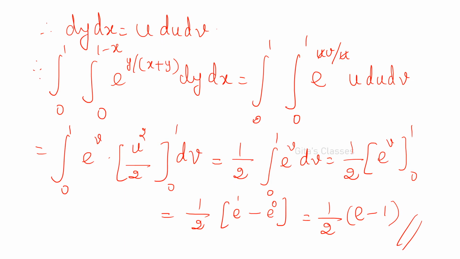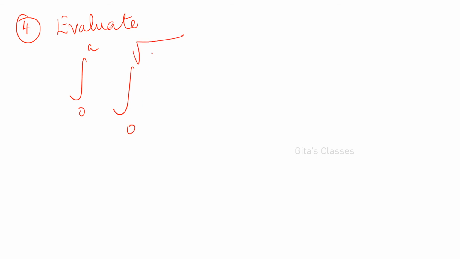Okay. So I'll give you one homework. You can try. Fourth question. Evaluate integral 0 to a, integral 0 to root of a squared minus y squared, into x squared plus y squared into dy dx. Dy dx or dx dy, you check and do it properly.